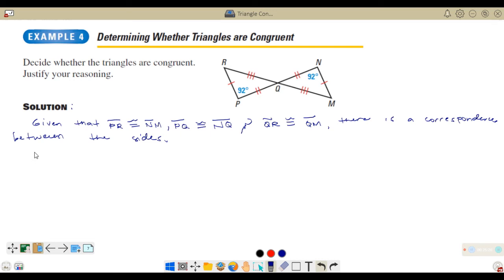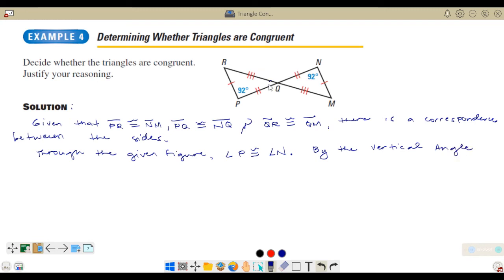So, through the given figure, angle P is congruent to angle N by the vertical angle theorem.